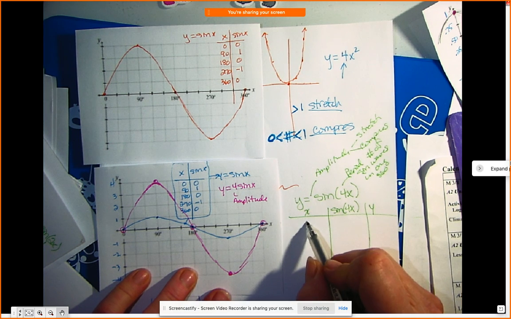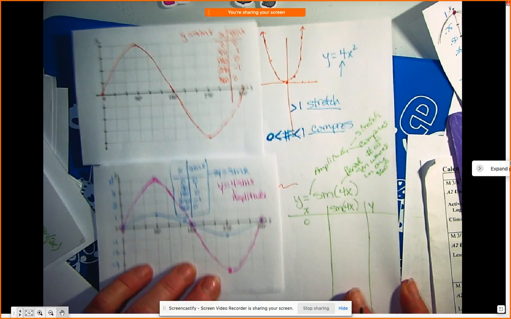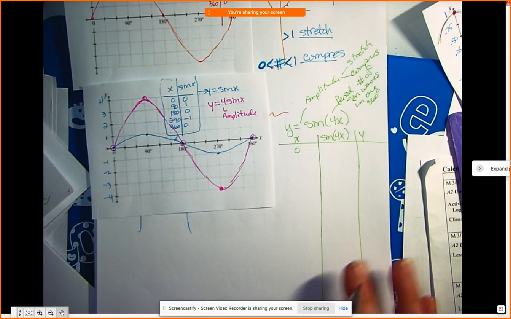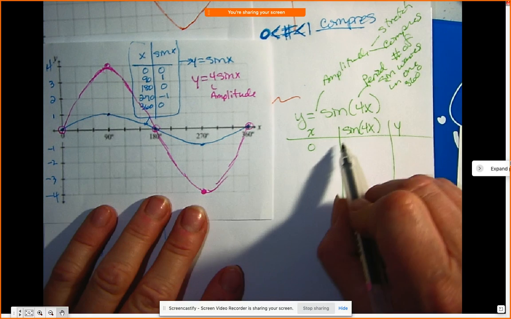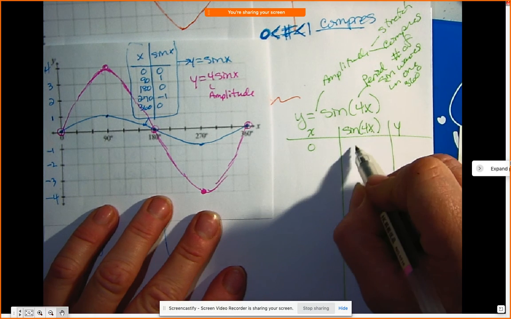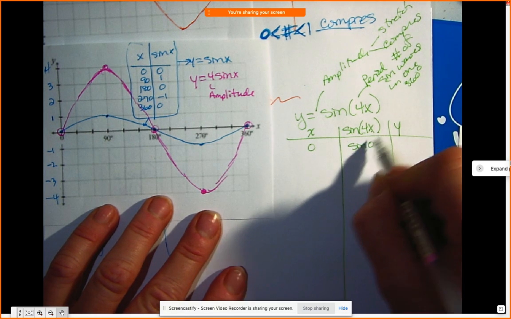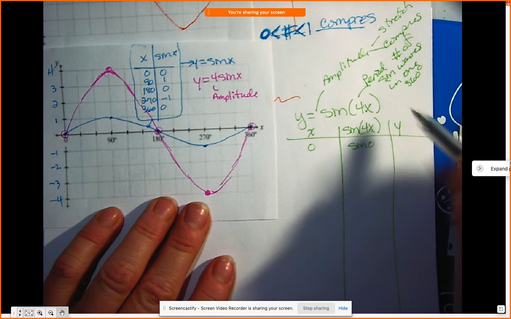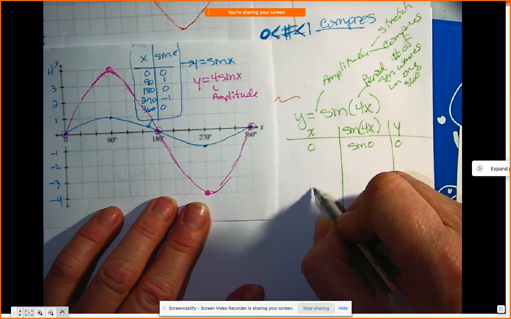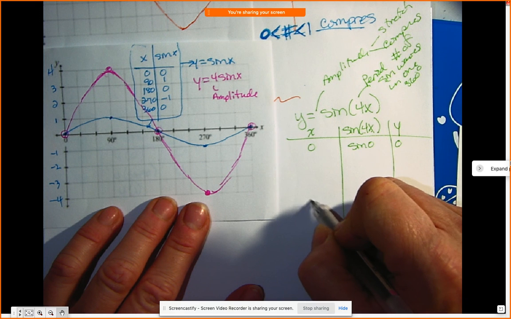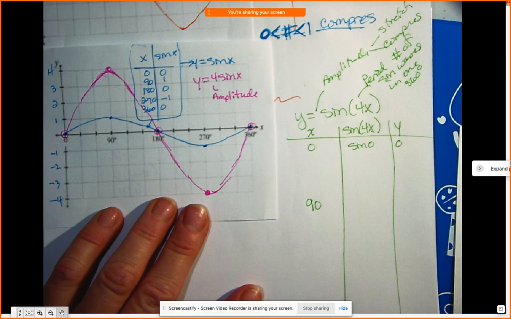Okay, if I put a 0 in, 4 times 0, I still have sine of 0. Well, that's perfect. Sine of 0 is 0. Okay, if I put a 90 in, and I'm giving myself some room, you're like, why is she giving herself so much room?